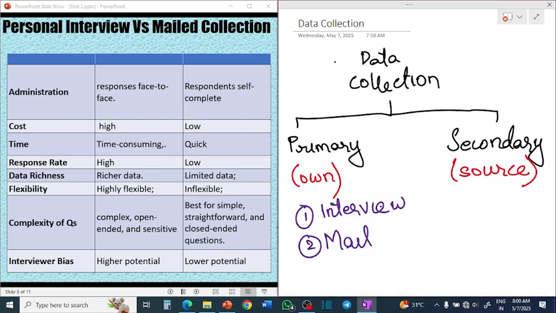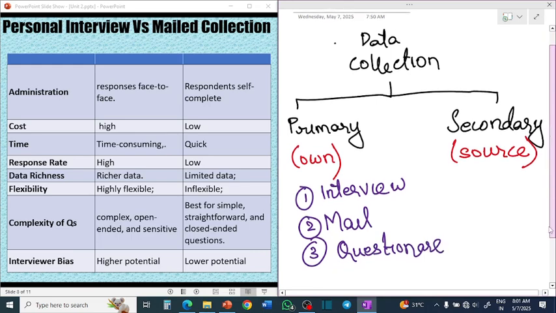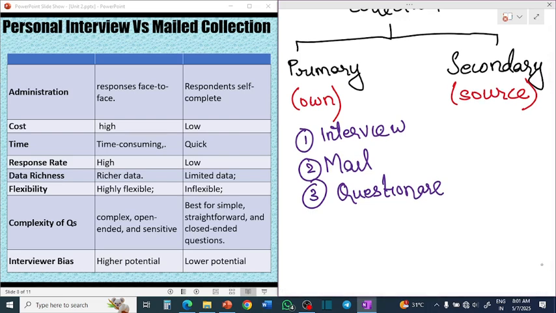Third is our questionnaire. As you can understand by the word, there are many questions which are listed down and the respondents answer according to those questions.